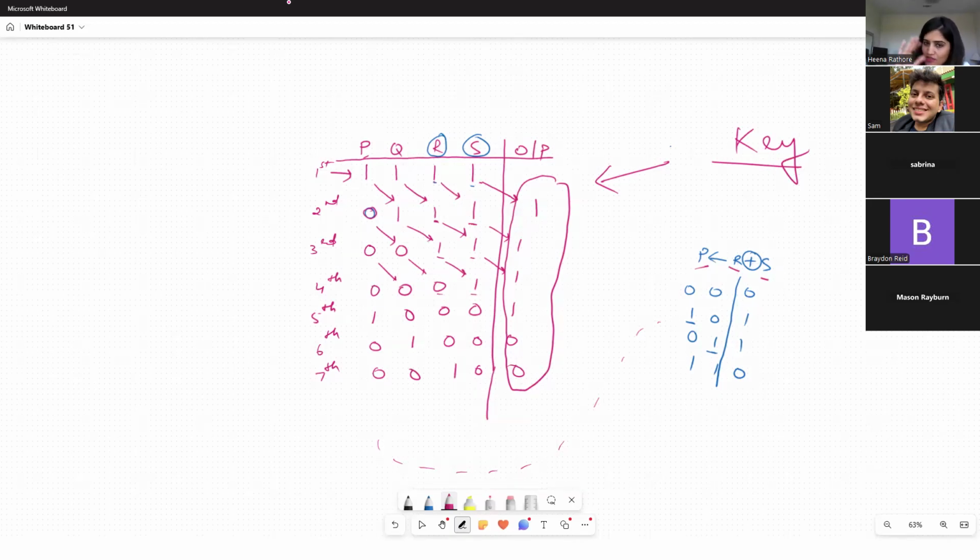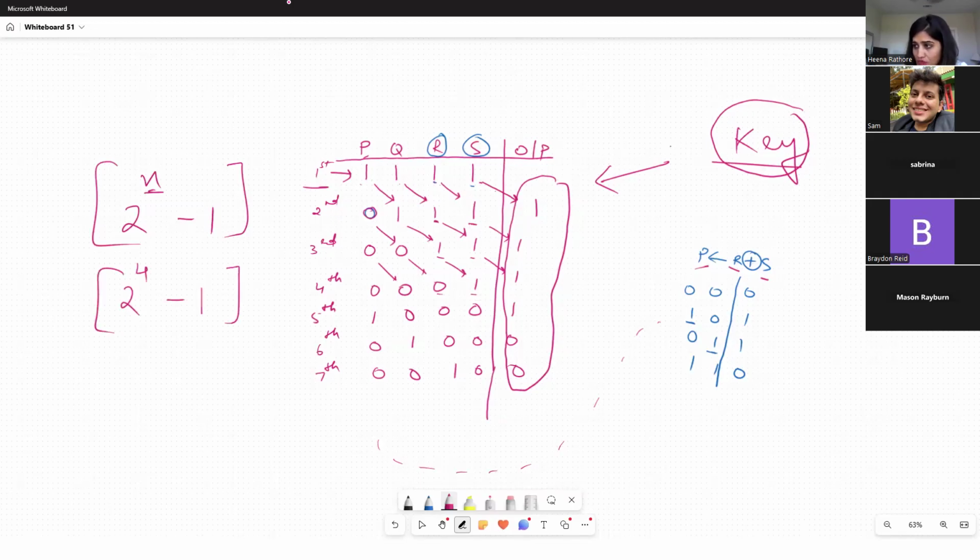And we will understand this once again, but you will be able to get back this 1111 at 2 to the power of n minus 1 operation, where n is the number of bits. So 2 to the power of 4 minus 1. So 2 times 2, 4, 16. 16 minus 1, which means the 15th iteration will give you back 1111.